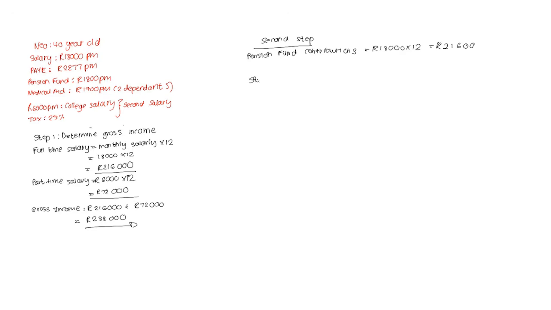Step 3 is to calculate his taxable income. And taxable income is calculated by taking the gross income minus the total deductions.